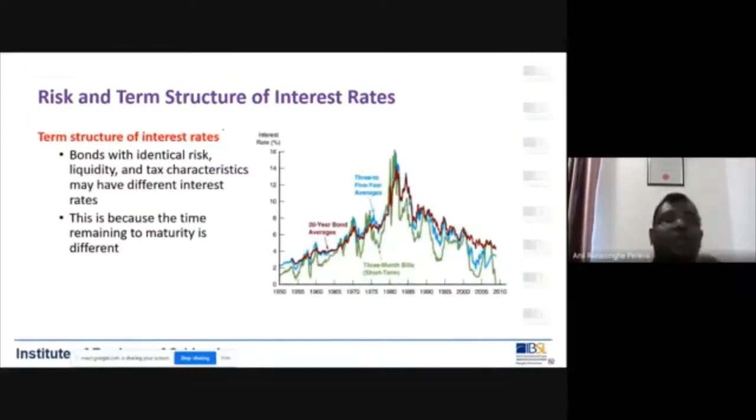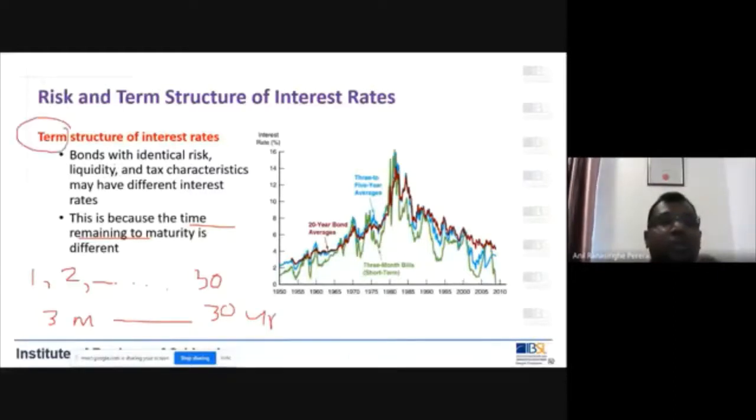That is mainly because of the time remaining to maturity. An instrument with 1 year, 2 year, up to 30 year would have different rates. Instruments with 3 months and 30 year have different rates. This is mainly due to term differences.